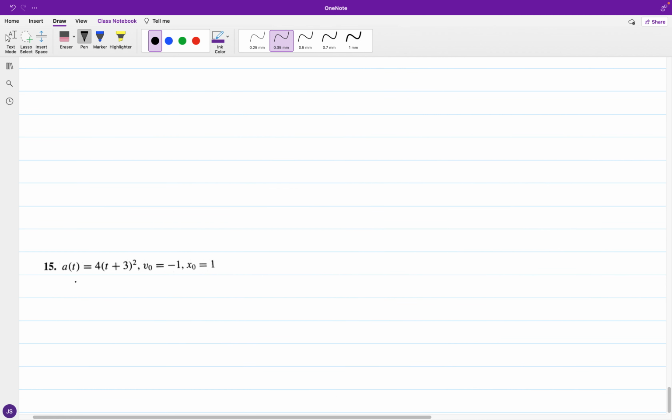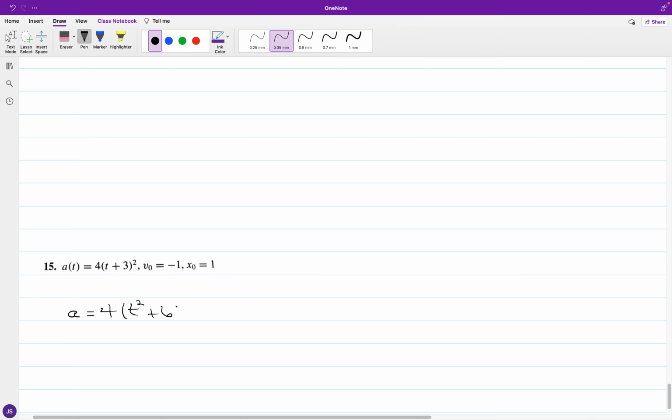Okay, for number 15, we have the acceleration given in quadratic terms. We have 4 times the square of t plus 3, and we have v naught is equal to negative 1, and x naught is equal to 1. And what I'm going to do here, I'm just going to go ahead and expand what I have for a. Now for the square of t plus 3, that will be t plus 3 times itself.